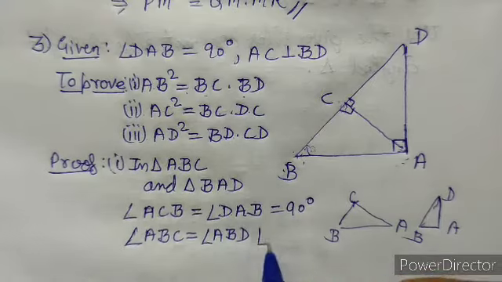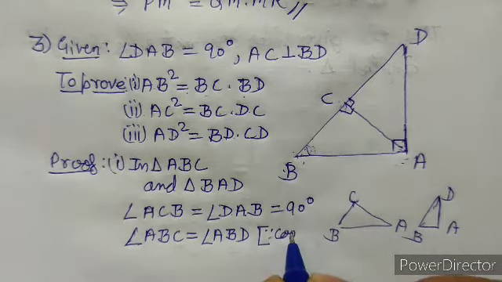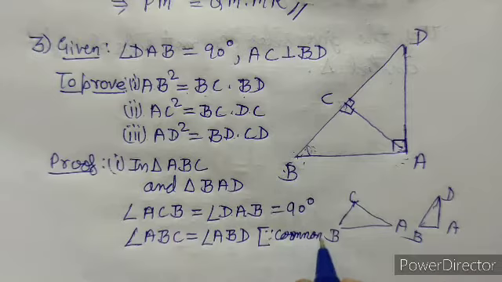ABD are equal because these are common angles.